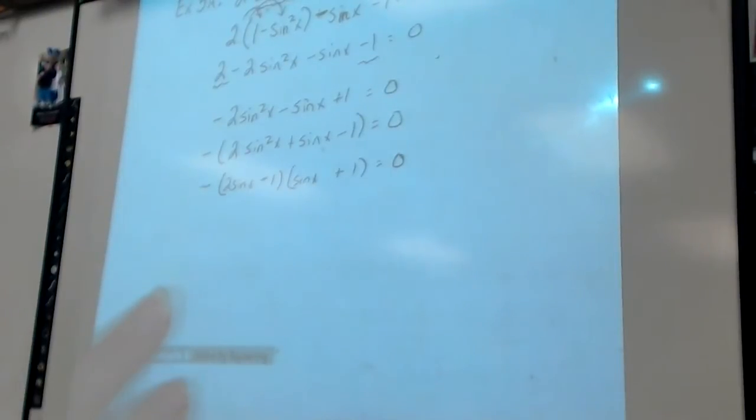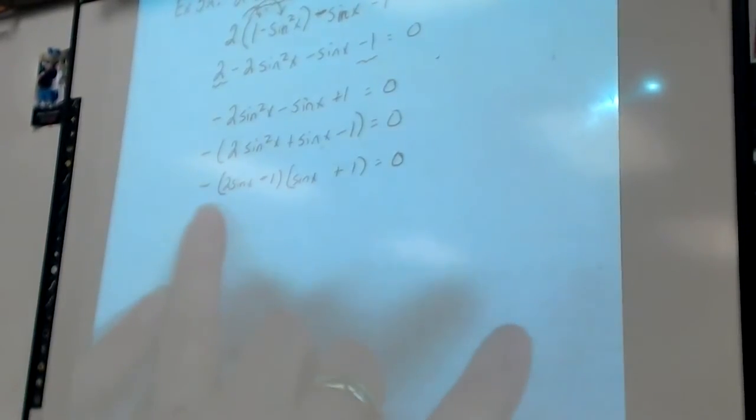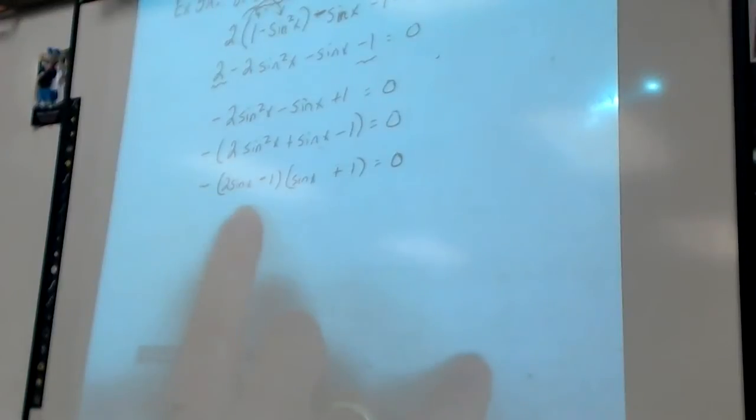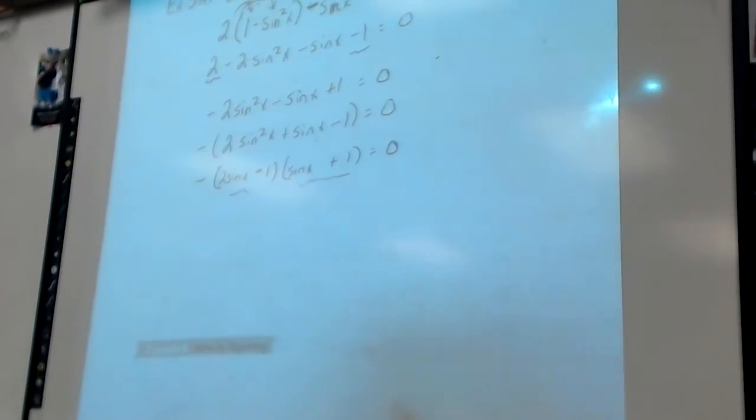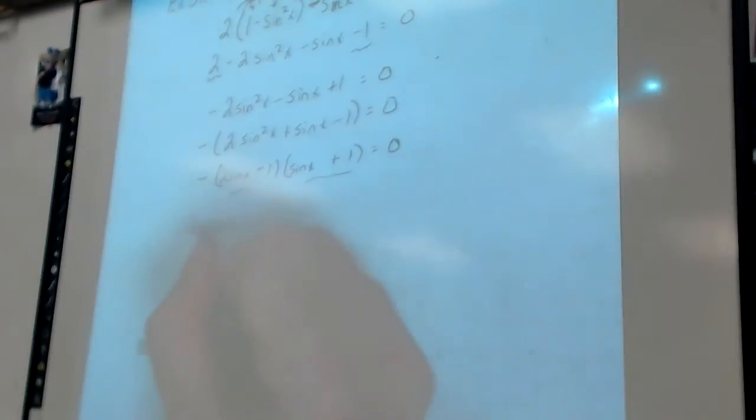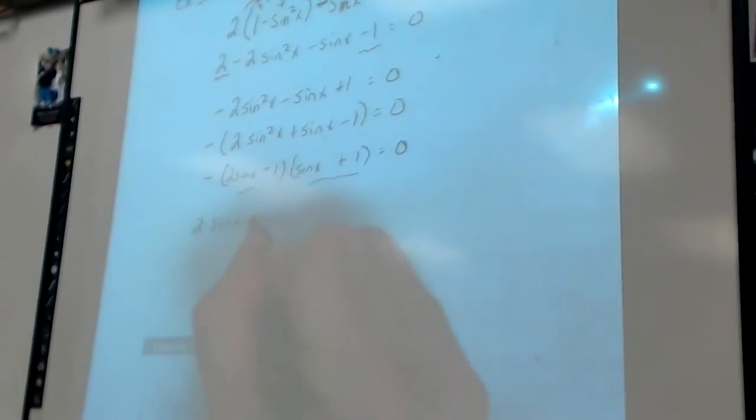Now we're ready to solve. Now this negative out front, we don't even have to worry with it because we're solving for x, and there's no x with the negative 1 of any kind. So we can ignore that and we just need to solve for these two. So we have 2 sine x minus 1 equals 0 and sine x plus 1 equals 0.